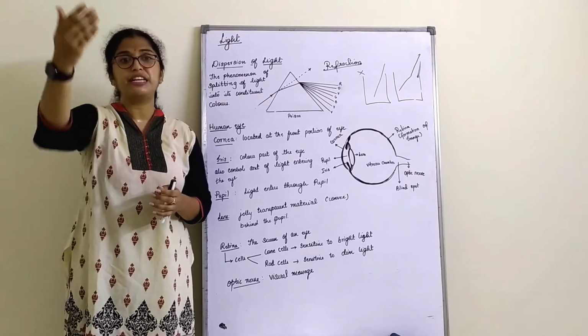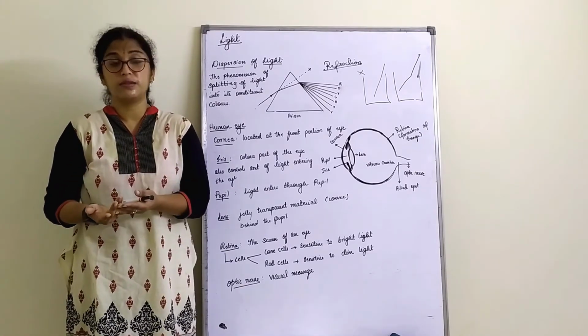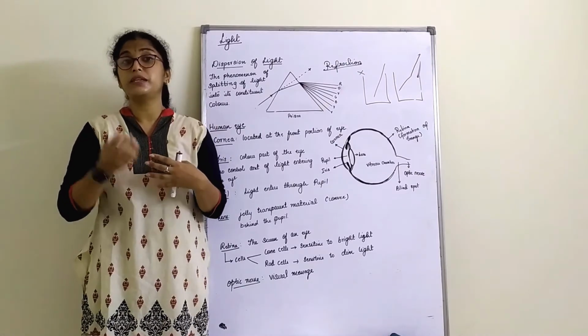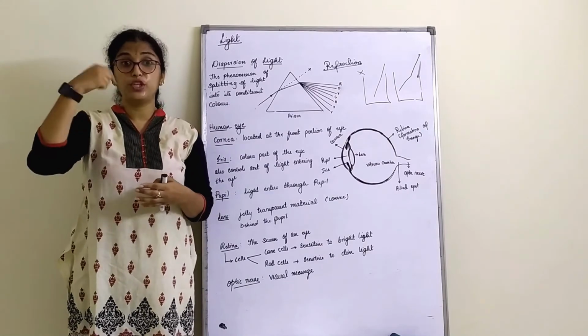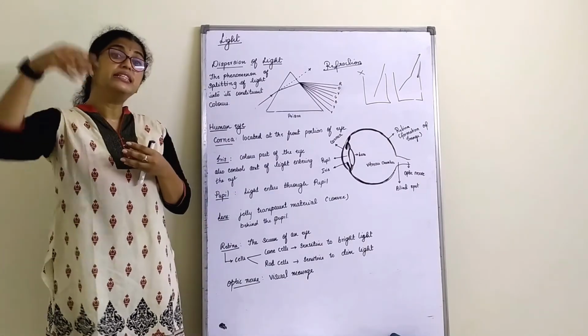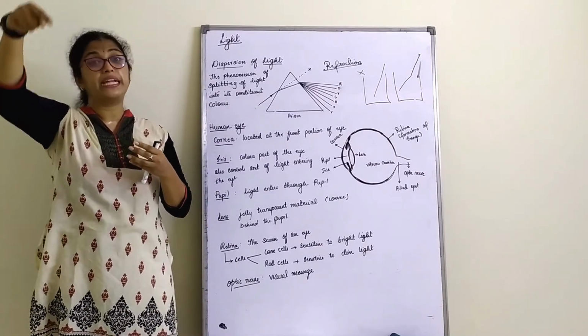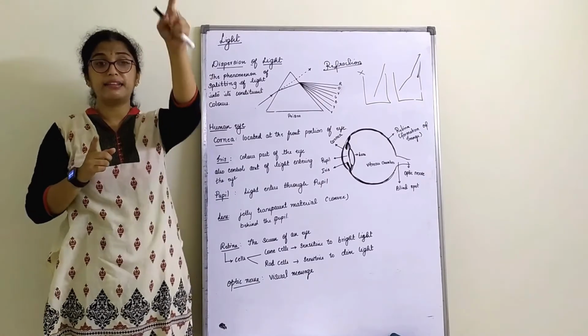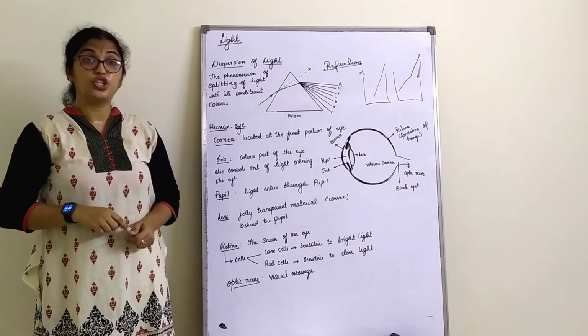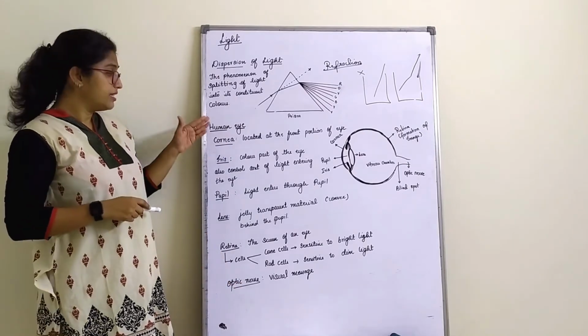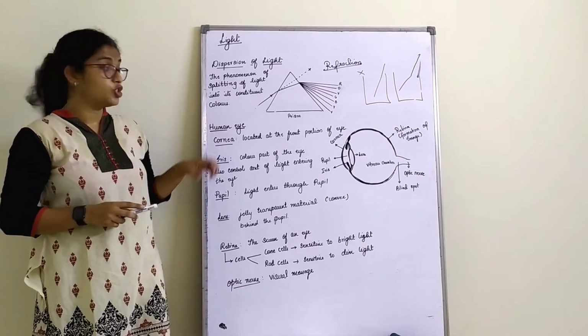For example, if I see something, I know what it is. Or if a ball is coming towards me, I know to catch it because I can see that ball, correct? That means my optic nerve will send a signal to the brain and the brain will again send the signal back saying that there is something coming, you have to catch it. So that is the function of the optic nerve. This is the brief explanation about the human eye.